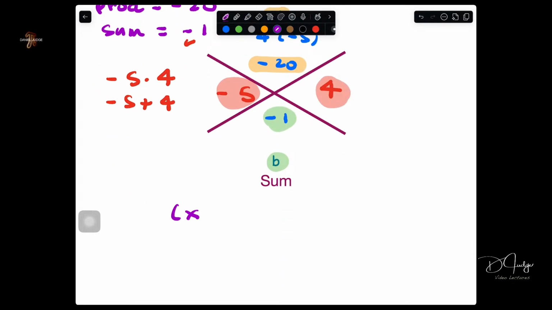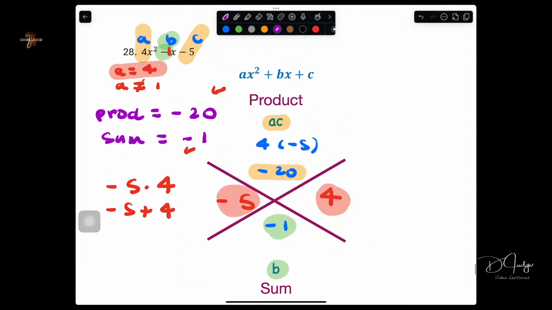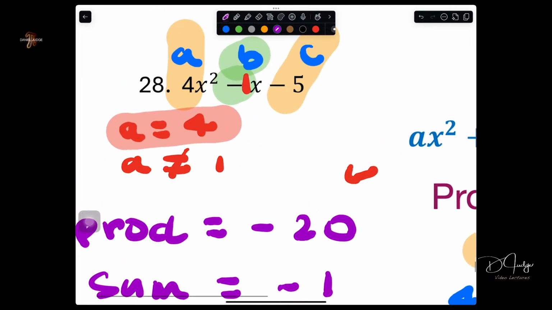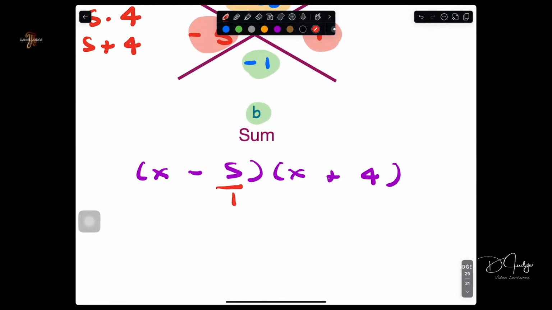So this is x minus 5 times x plus 4. However, A is positive 4. It's not 1. So we have to divide both of those numbers by 4.